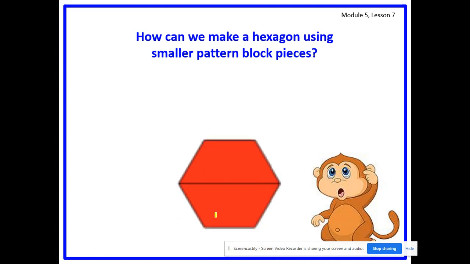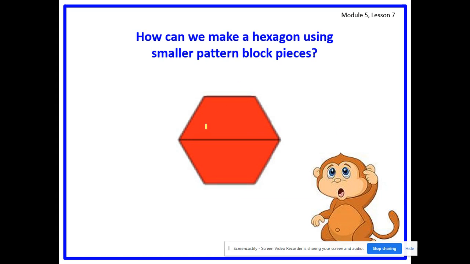Here, I made another hexagon. This time I used 2 trapezoids. So, first question, is it made up of equal parts? Yes. How many equal parts does it have? Yes, 2 equal parts. Great job.